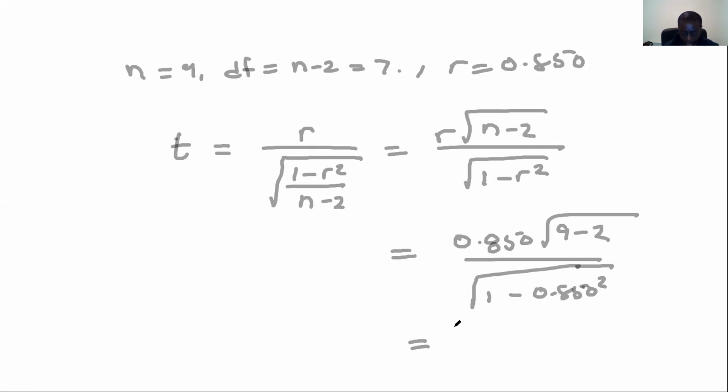This is what I got, 4.2691. So that's how we got the same value that we got from using StatCrunch.